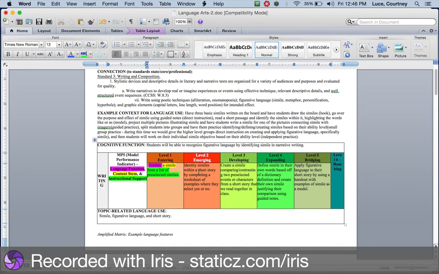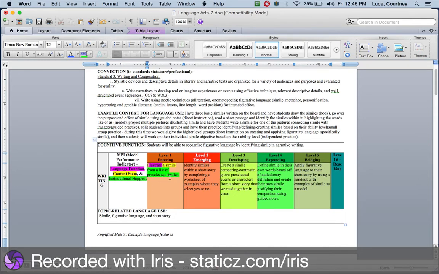Okay? And if you look, every single one of these pieces has a language function: identify, create, define, apply. Every single one has a content stem: similes within a short story, a simile comparing and contrasting, simile in their own words, or applying figurative language to their short story. So every single one has a content stem, and then almost all of them have, in this one, all of them have an instructional support. What I ask of you is that at least 4 of them have instructional supports.